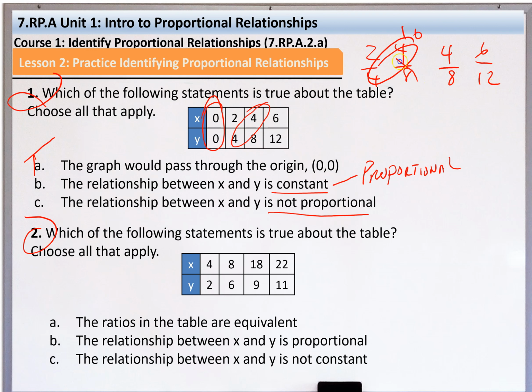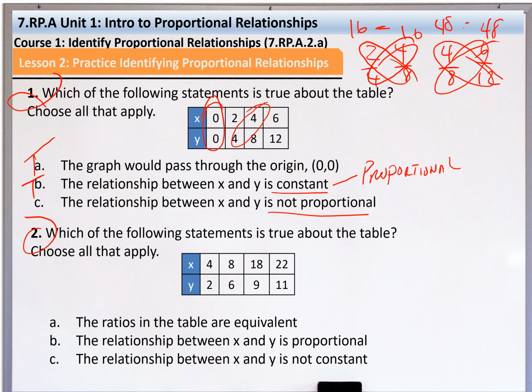That gives us 16. That gives us 16. That gives us 48. That gives us 48. So they are proportional, because they are equivalent ratios. So it's a table full of equivalent ratios, therefore it is constant. It is proportional. So the correct answers would be A and B.